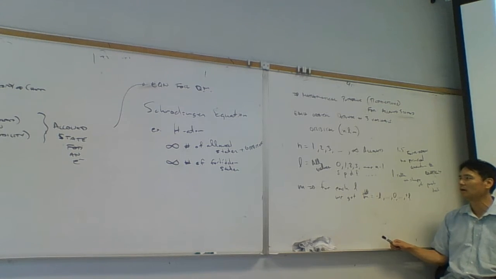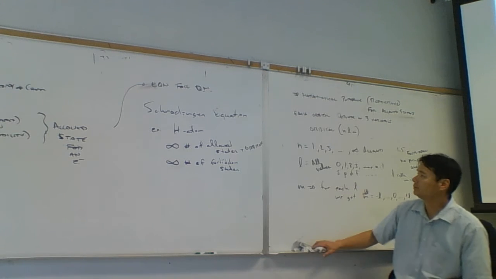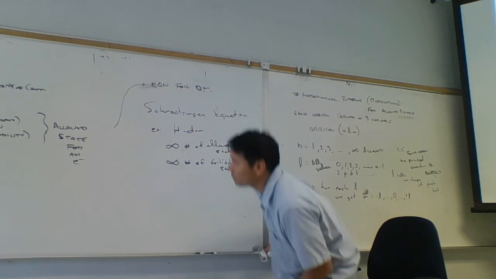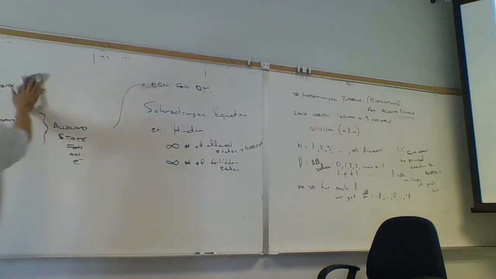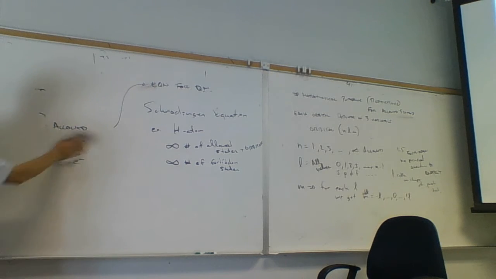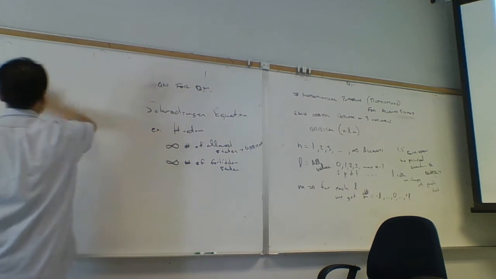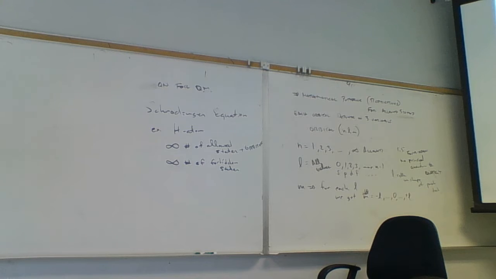So there are 5 m values, etc. So let's build out what we're going to call the orbital energy level diagram.